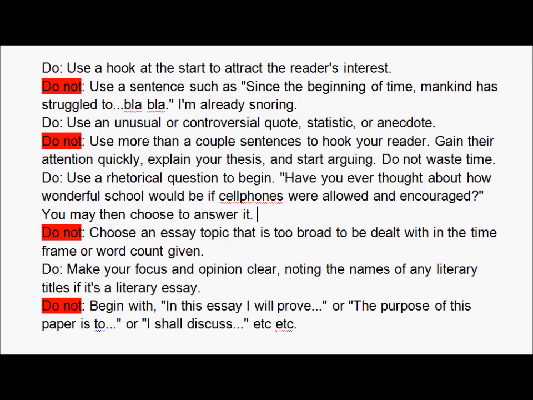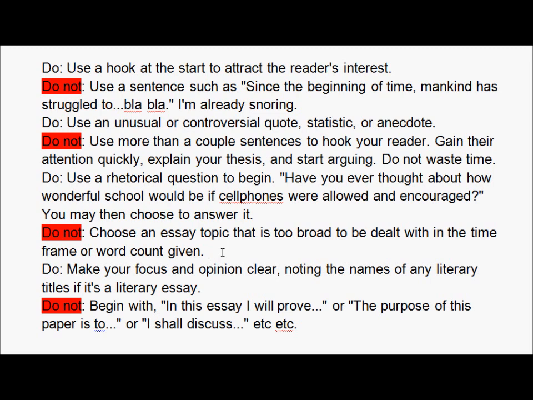Do not choose an essay topic that is too broad to be dealt with in the time frame or word count given. So, an example. You don't start an essay saying how to fix the world's energy problems, and your maximum number of words is 750 words. That would be an absolutely ridiculous topic to choose for an essay of that size.